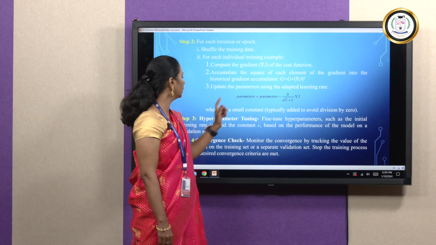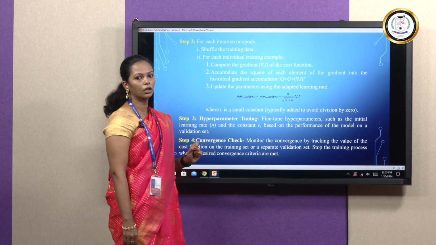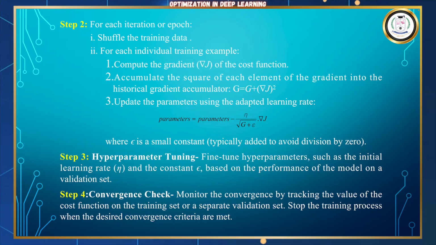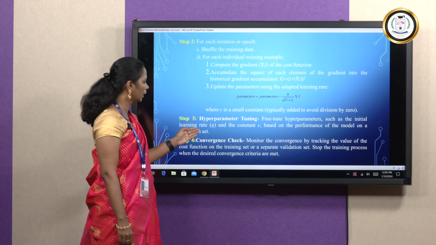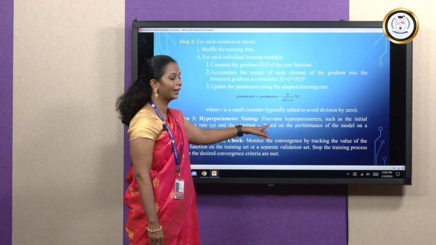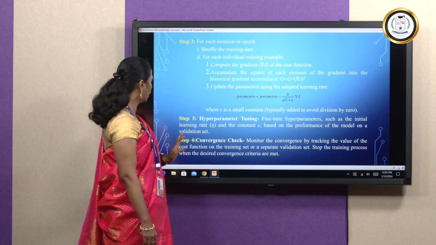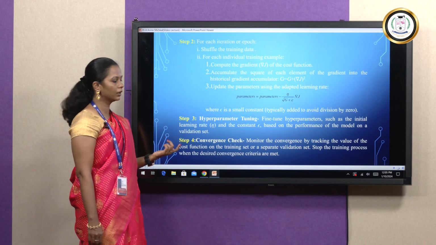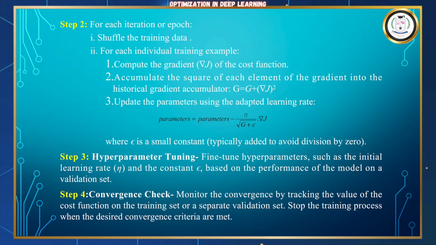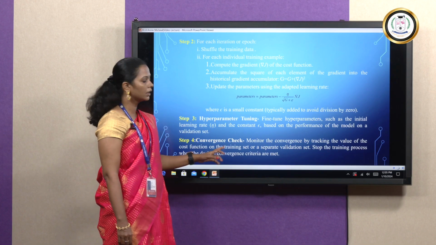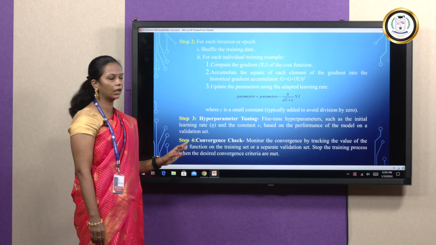So to avoid that we are going to add a small constant epsilon. The next step, hyperparameter tuning, and here we are going to fine tune the hyperparameters such as learning rate and constant based on the performance of the model. And the final step, convergence check. We are going to monitor the convergence, and the training process is stopped when the desired convergence criteria are met.